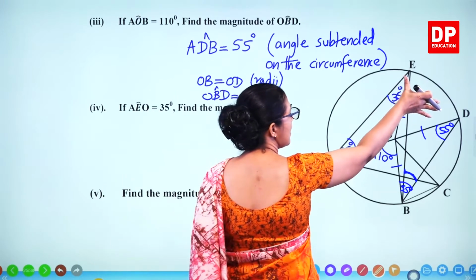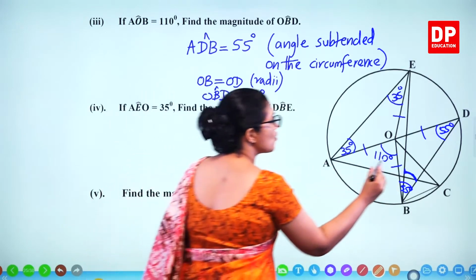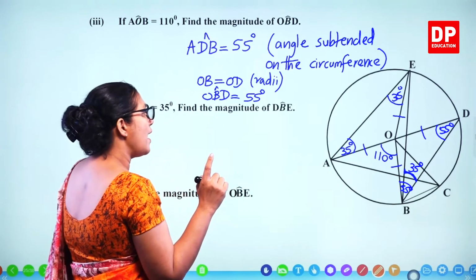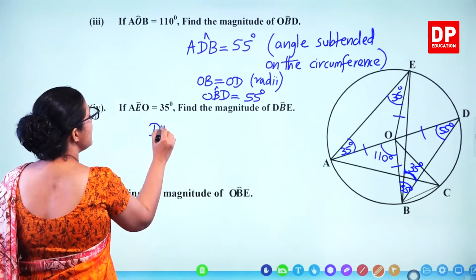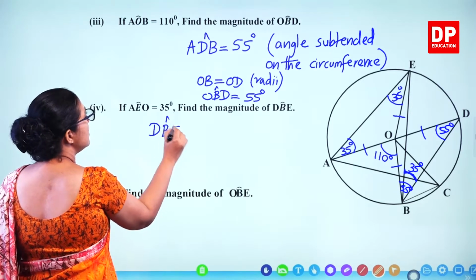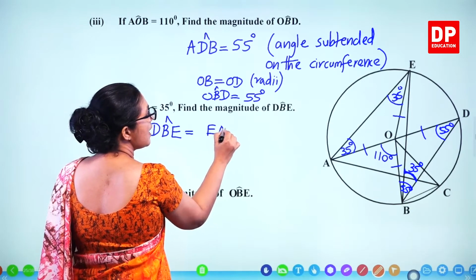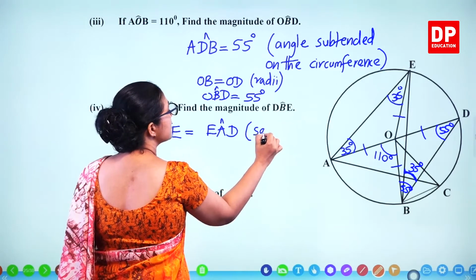Now see, this angle and this angle are same segment angles. So this is 35. So we can write DBE angle is equal to EAD angle, same segment angles.